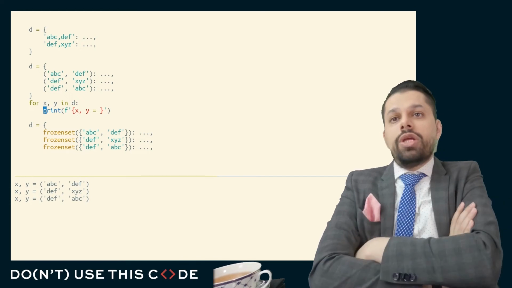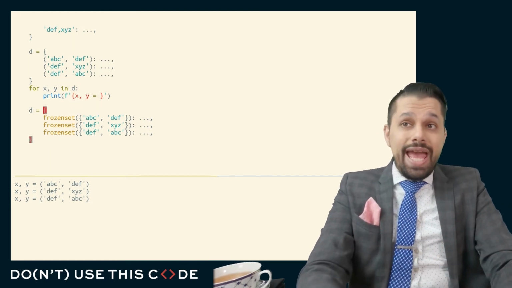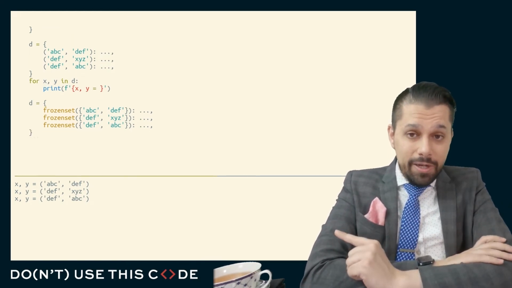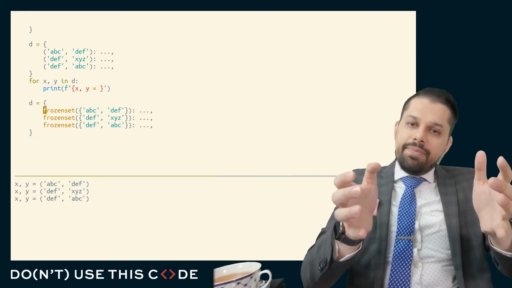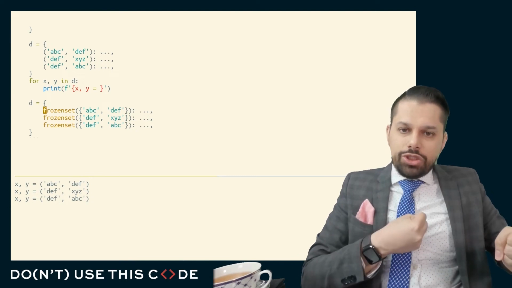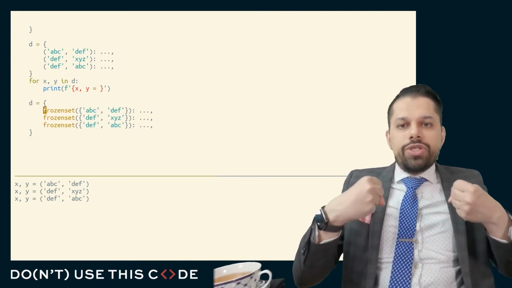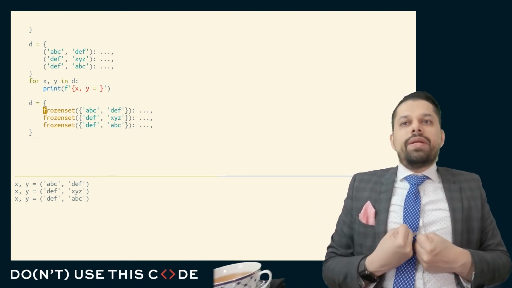There is another possibility for what we might put in this dictionary, which is a frozen set. And in the frozen set scenario, we want the structured data that's stored within that key. We want to be able to dismantle that structure, but we want to do that in a way which is no longer order dependent.